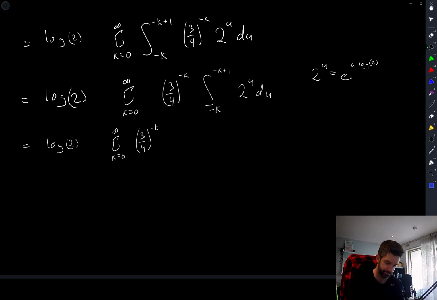So this becomes e to the u log 2 divided by log 2, evaluated at negative k and negative k plus 1. So the log 2's simply disappear.